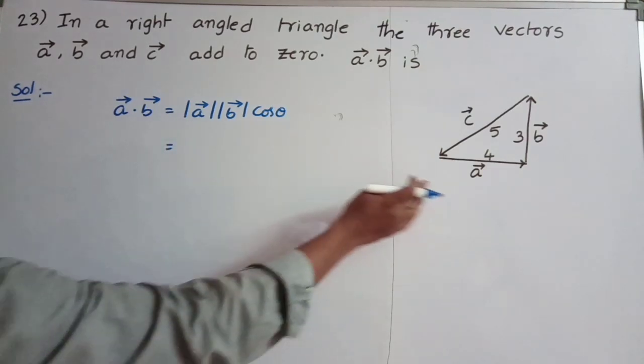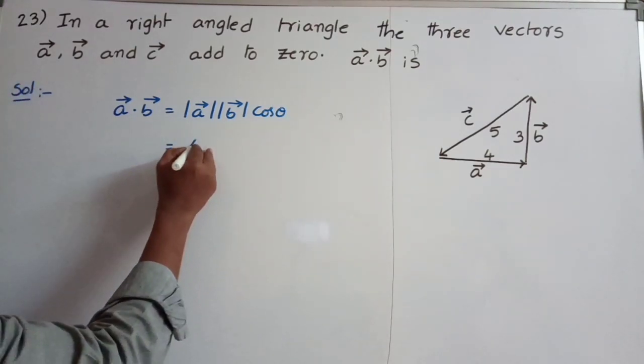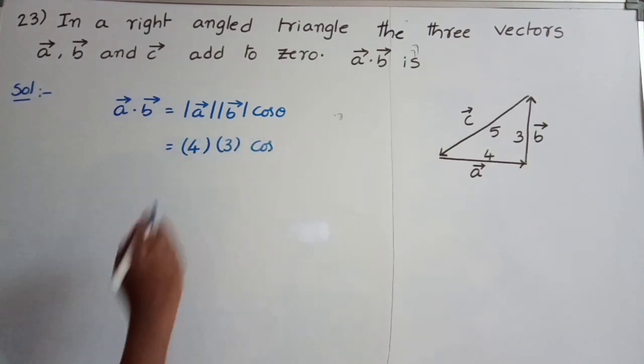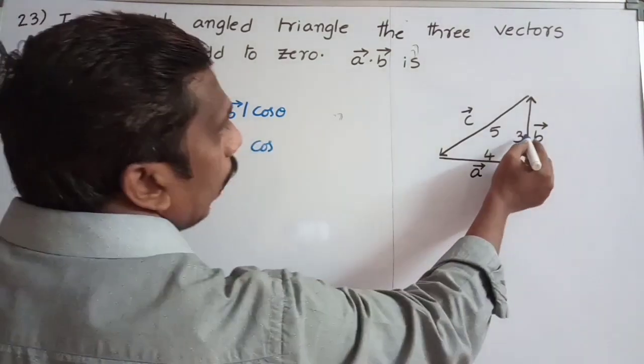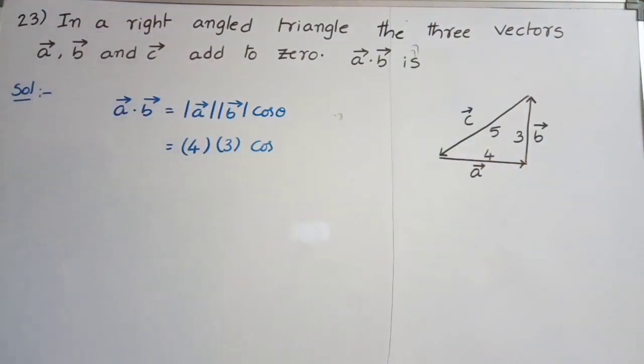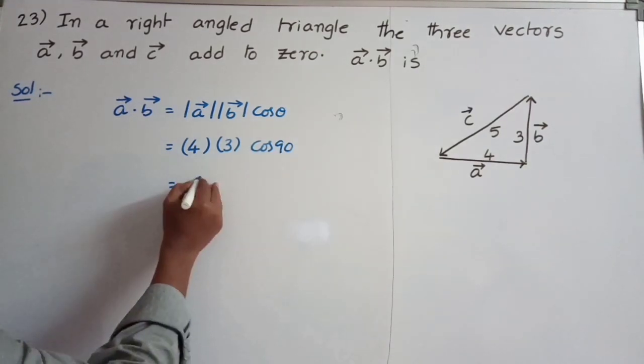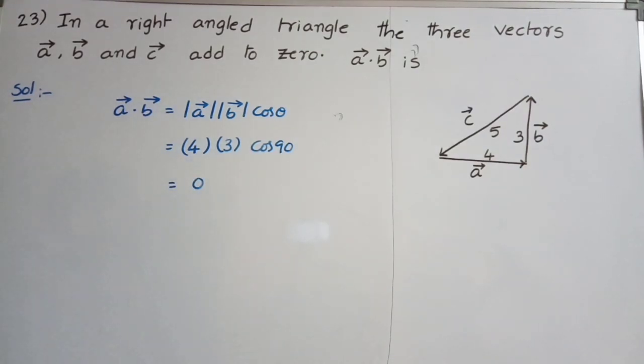Magnitude of a bar is equal to the given 4. Magnitude of b bar is equal to the given 3. Angle theta: here, the angle between a bar and b bar is equal to 90 degrees. So cos 90 degrees is 0. 0 into anything is equal to 0 only.